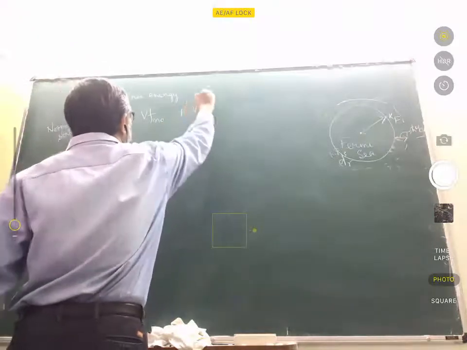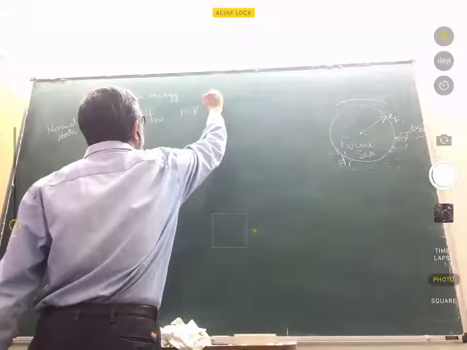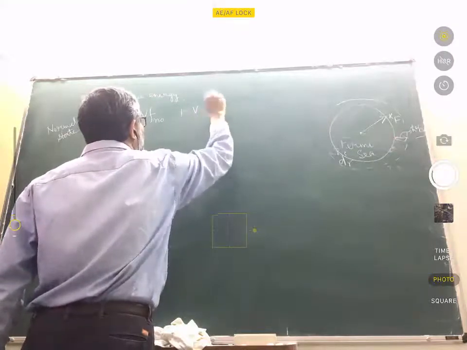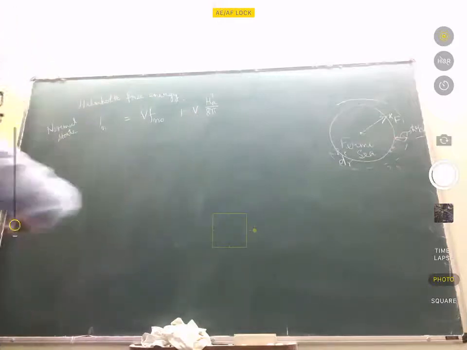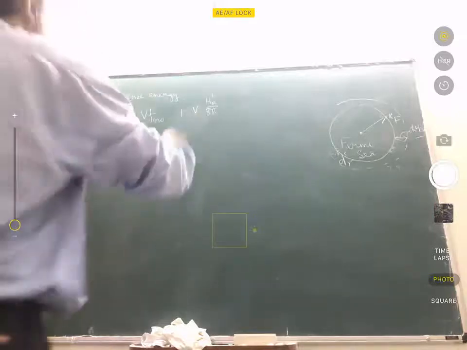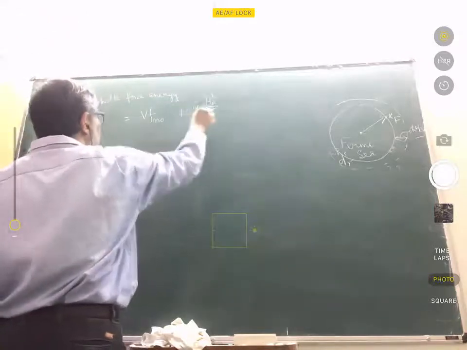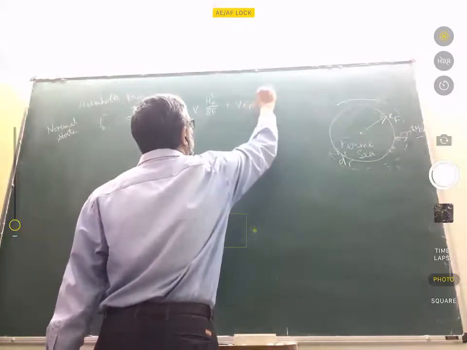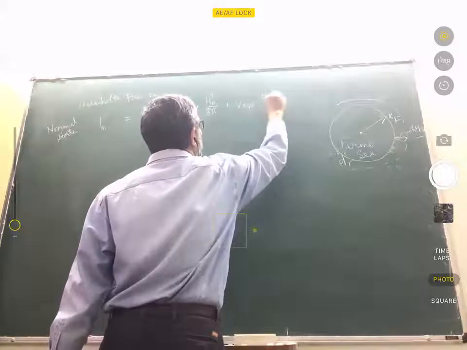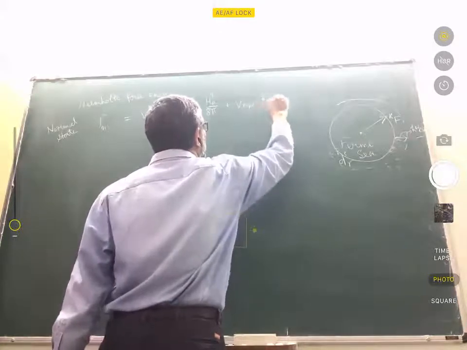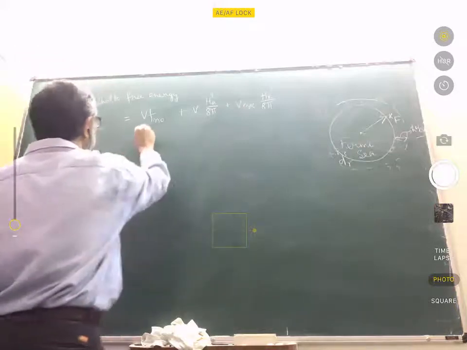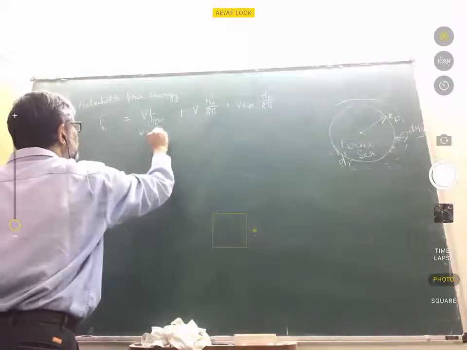And then I have a term which arises because of the presence of the magnetic field. Because in the normal state the field penetrates the entire volume of the superconductor, I have this term, where V is the volume. One could have avoided this term altogether, but just to be complete. So this V is the volume of the superconductor.